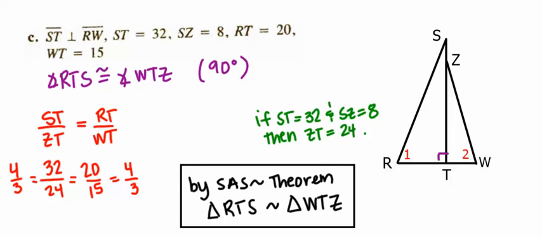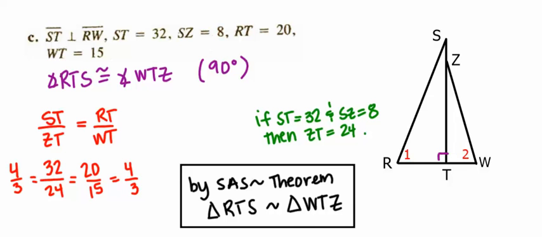Okay, so what we found is that angle RTS and angle WTZ are going to be congruent to each other because those two lines are perpendicular. It's going to create 90-degree angles, which are congruent to one another. So now we just need the sides that are included to be proportional.